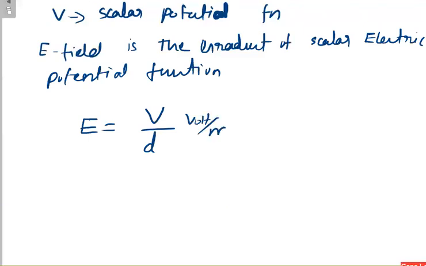This you know already, electric field basics. Electric field means voltage divided by distance. They are only putting that in a different format: electric field is equal to dV, like that. That minus sign, I'll explain what it means later.